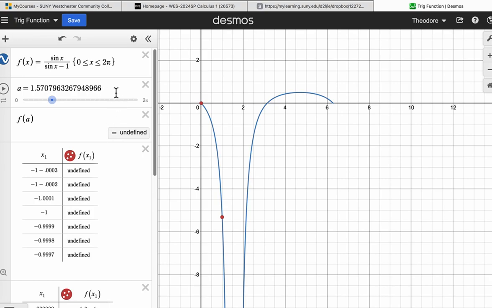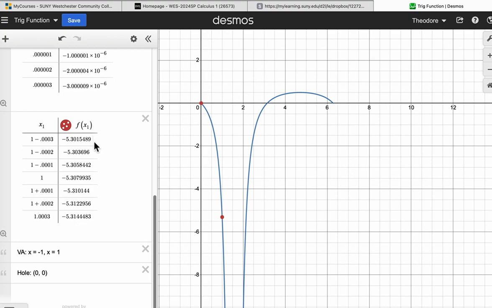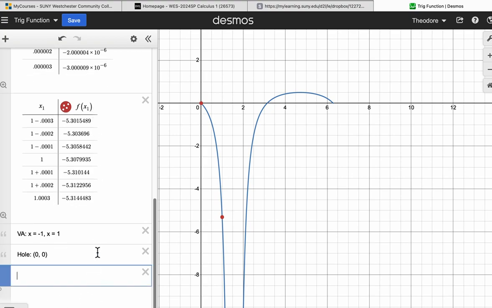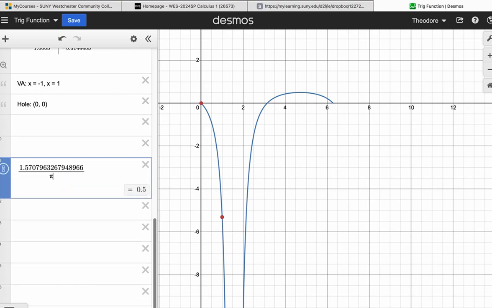If you're not sure, what you can do is take that decimal, because it's already got a pi factored into it. So I'll just do it down here. If I take the decimal and divide it by pi, it'll give me the fractional coefficient of pi. All right, so this is equivalent to 1/2 pi, or pi over 2.